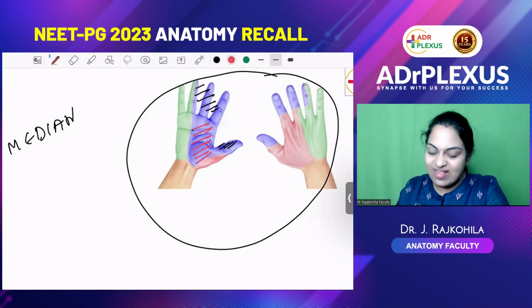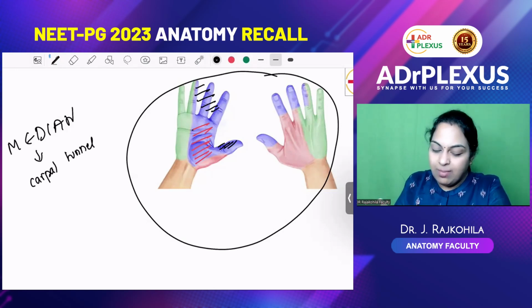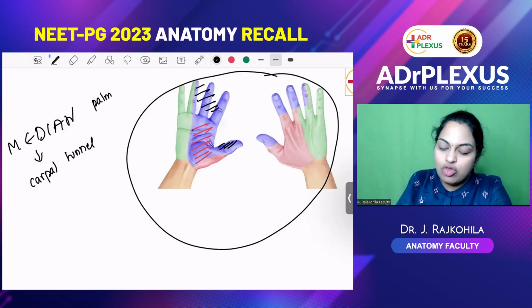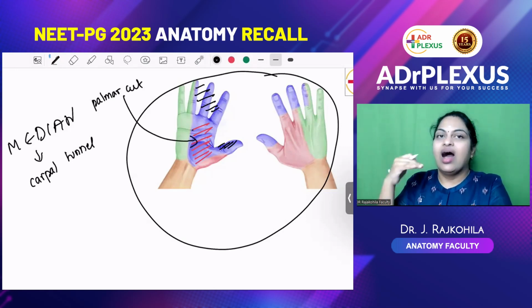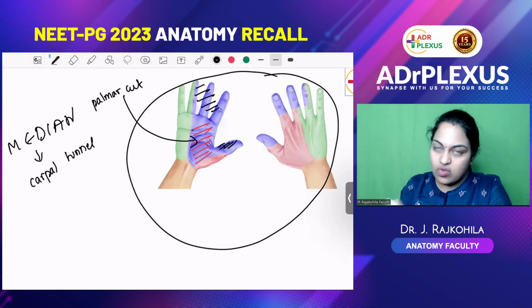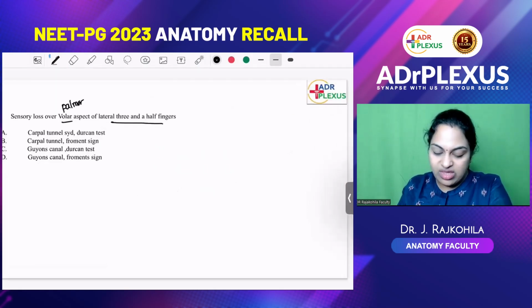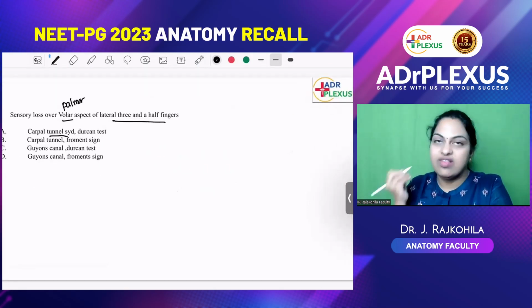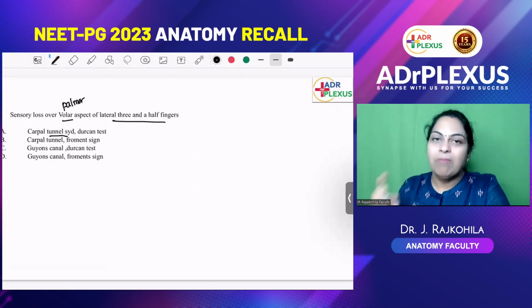Because the median nerve passes through the carpal tunnel, but the palmar cutaneous branch of the median nerve that innervates this area passes above the flexor retinaculum, isn't it? So the answer is median nerve, and it was not a direct question, but it was put as carpal tunnel syndrome, which you must know is because of median nerve compression.